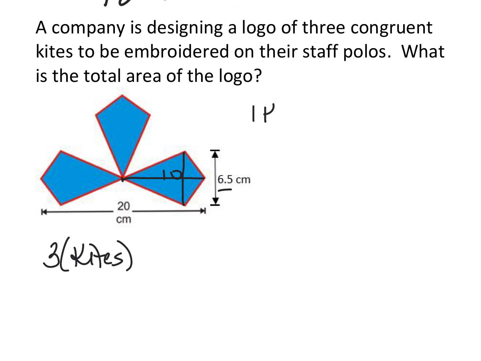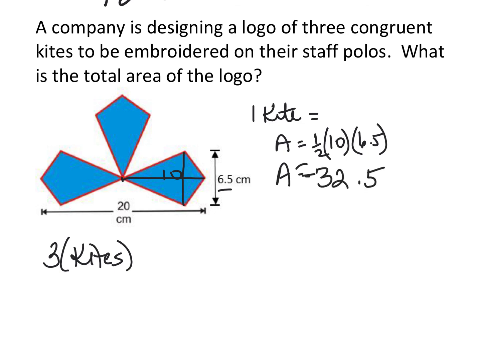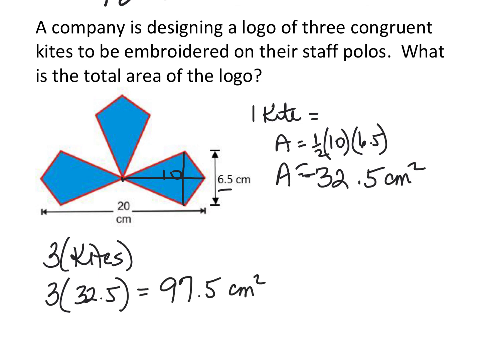So one kite, the area is 1/2 times 10 times 6.5. So that is 65 divided by 2, or 32.5 centimeters squared. And so we're going to take that and multiply it by 3, and we get 97.5 centimeters squared is the total area of the logo.